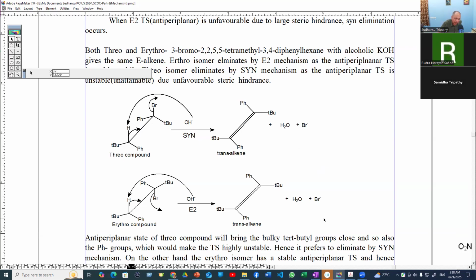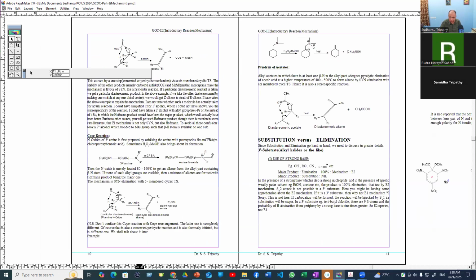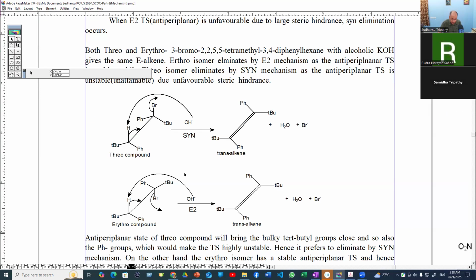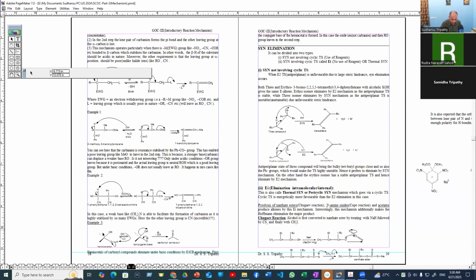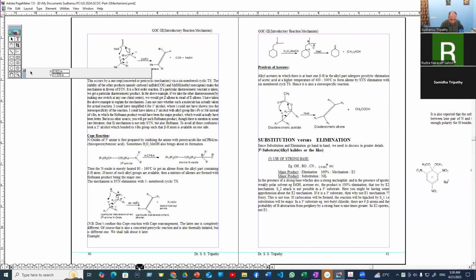So as such, erythro should have given the trans-alkene by E2, but threo also gives the trans-alkene by the other mechanism, syn. I'll be sending this. Then we'll talk about Hofmann elimination. This is the elimination which I think I have covered somewhere.